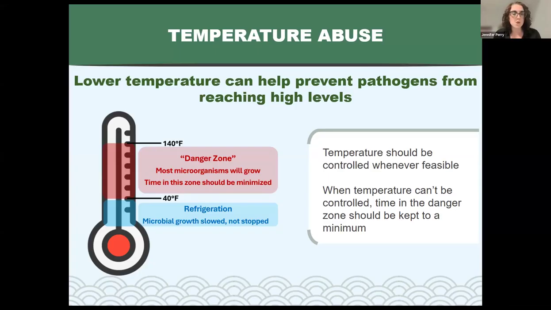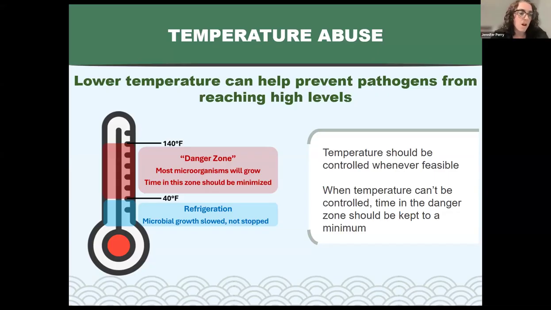So we use this general terminology of the danger zone as established by the FDA, and that is the range between 40 and 140 degrees Fahrenheit, where pathogens will grow most quickly. There are some pathogens, including Listeria monocytogenes, that will still increase in number under refrigeration, but that will happen a lot more slowly.